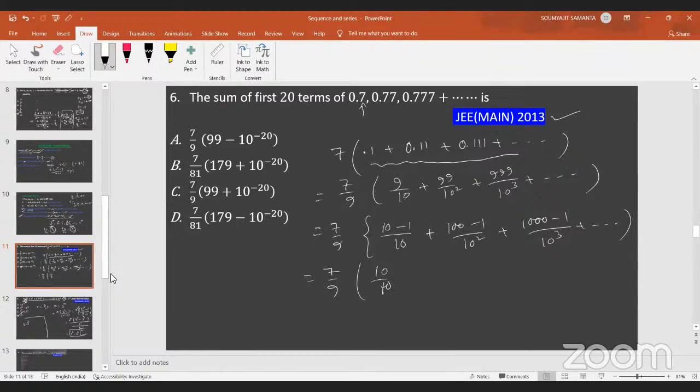So 10 by 10 minus 1 by 10, so 100 by 100 minus 1 by 10 square plus 1000 by 1000 minus 1 by 10 cube, and then it continues. Are these steps clear? Yes, sir.